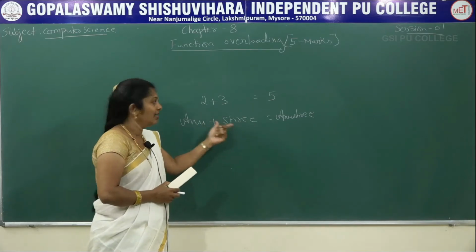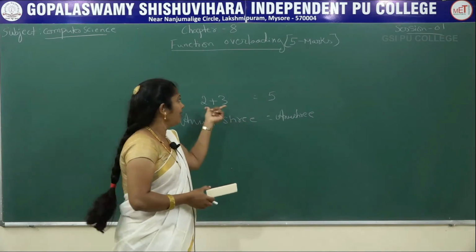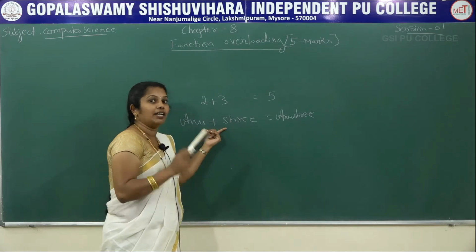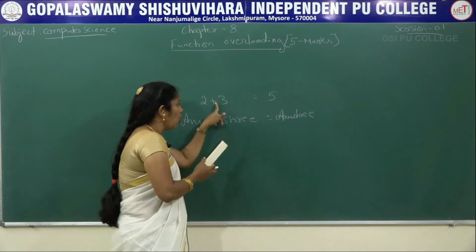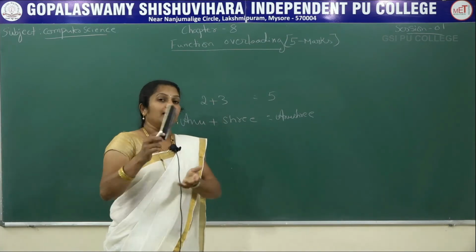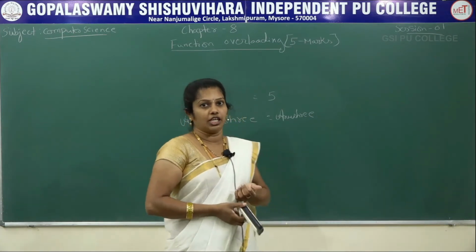Depending upon that, the function will execute. Here it is performing addition, and here mainly concatenation, combining two strings, but the operator is the same. That means depending upon the type of the arguments, that particular function can execute.